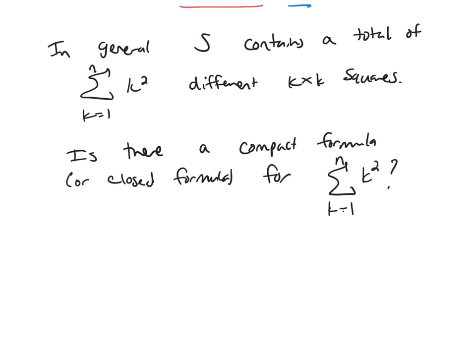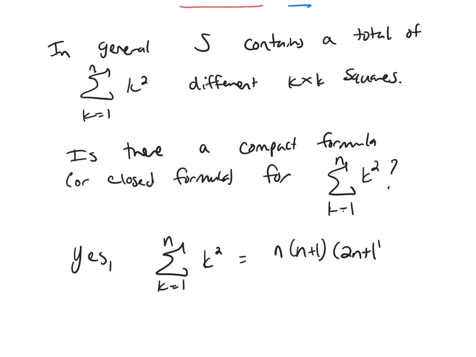And the answer is yes, there is a formula. The summation from k equals 1 to n of k squared is equal to n times n plus 1 times 2n plus 1 over 6.